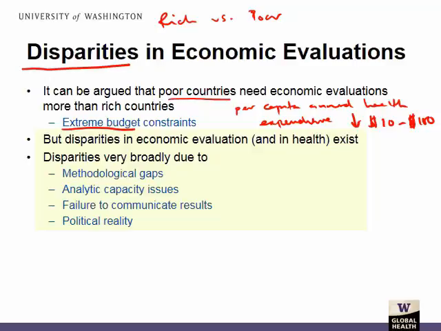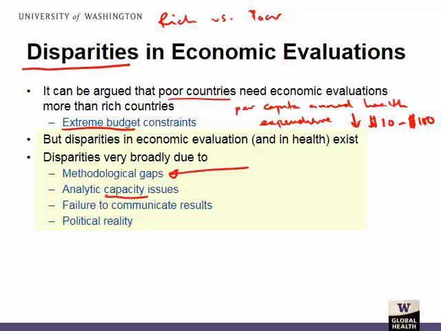There's capacity issues, like I said in a previous slide. There's not enough analysts, and hopefully this course would have contributed to improving this capacity, because I noticed that a lot of our colleagues in this course are from African countries. The other thing is a failure to communicate results, and then the other one is political and policy reality.